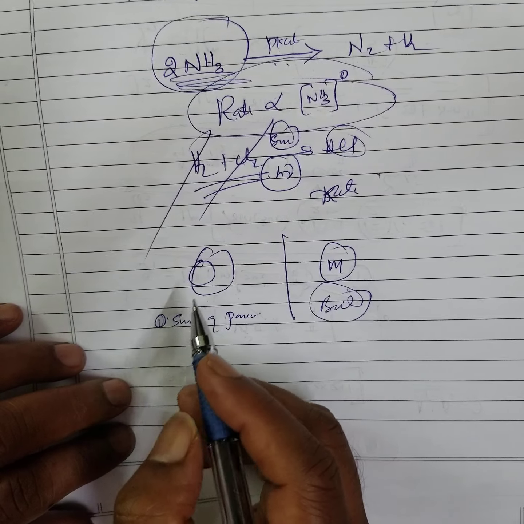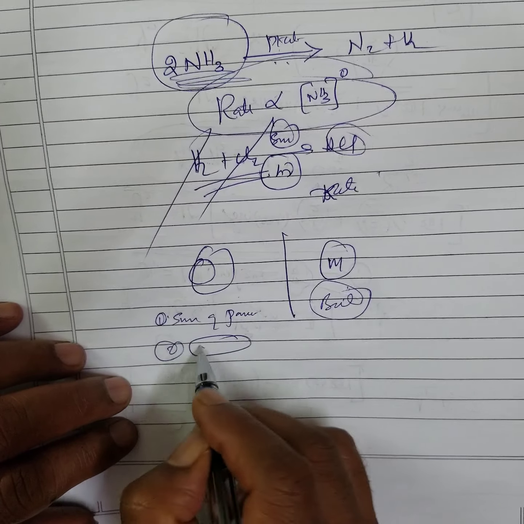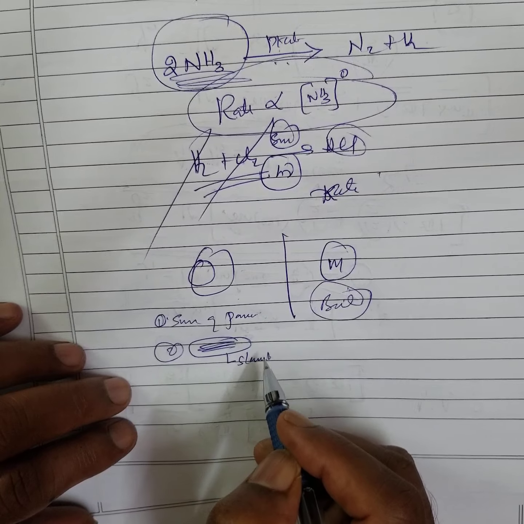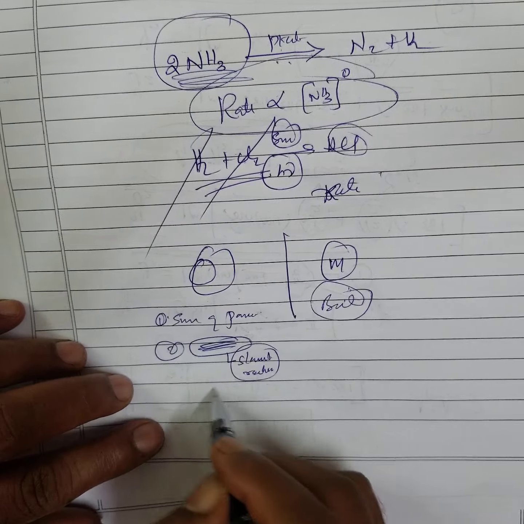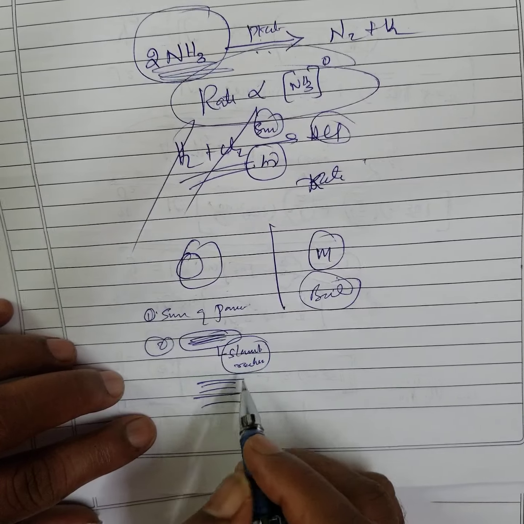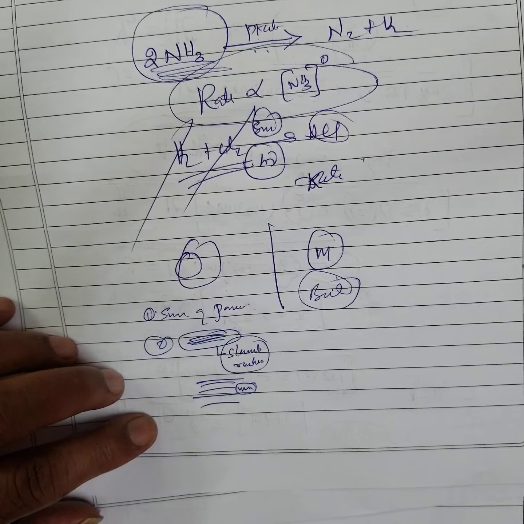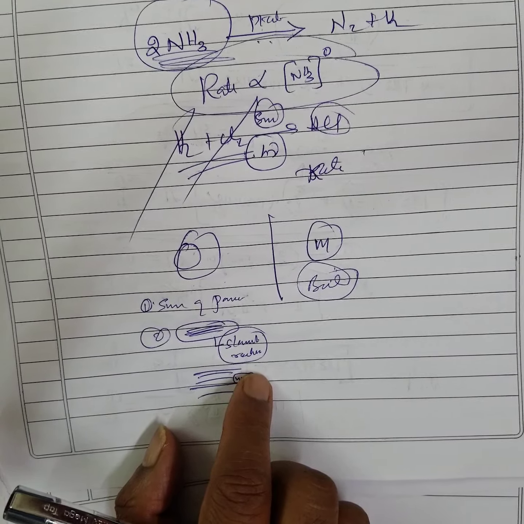The overall reaction is decided by the slowest step, right? There are multiple steps, so in the multiple steps, find out the slowest step. The slowest step decides the order of the reaction.